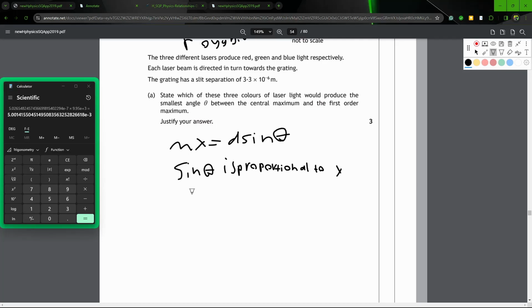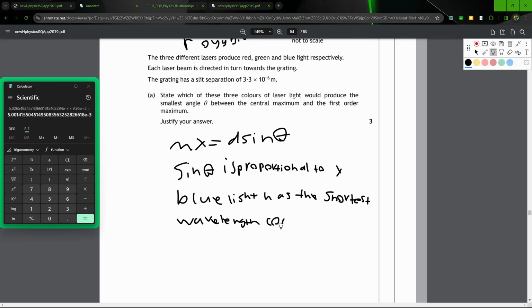And then you can say that blue light has the shortest wavelength. And there you go, pretty much.